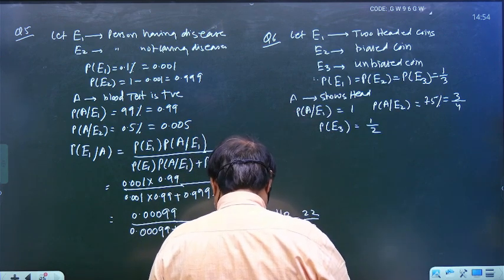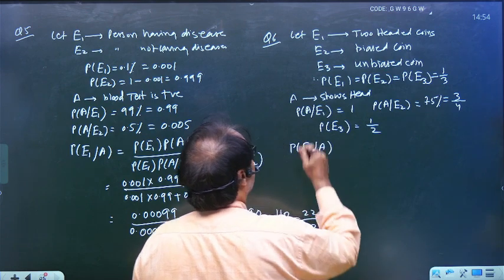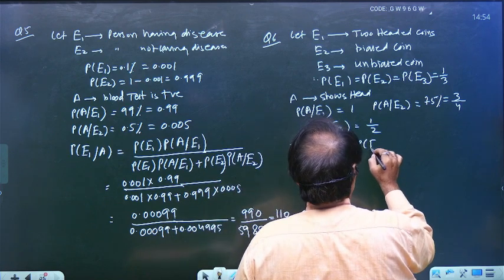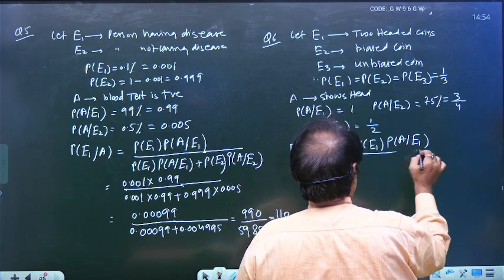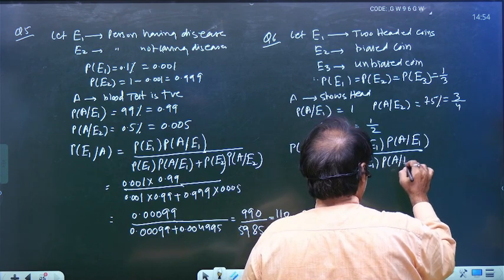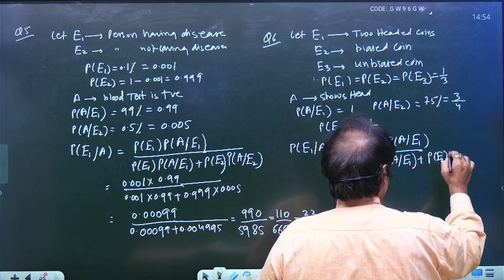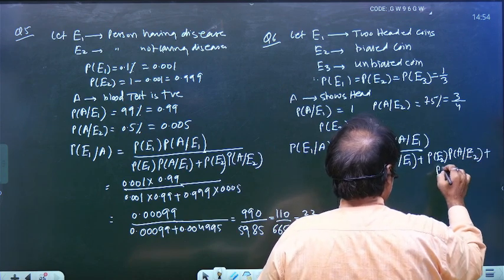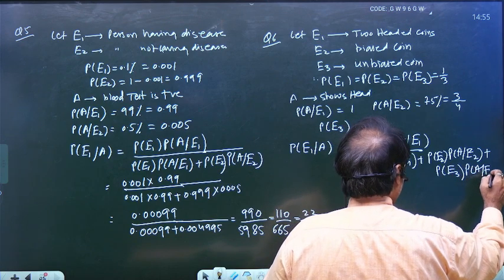Right? And now we have to find probability of E1 by A, that the head came from the two-headed coin. Now apply the Bayes theorem. So probability of E1 into probability of A by E1, divided by probability of E1 into probability of A by E1 plus probability of E2 into probability of A by E2 plus probability of E3 into probability of A by E3.